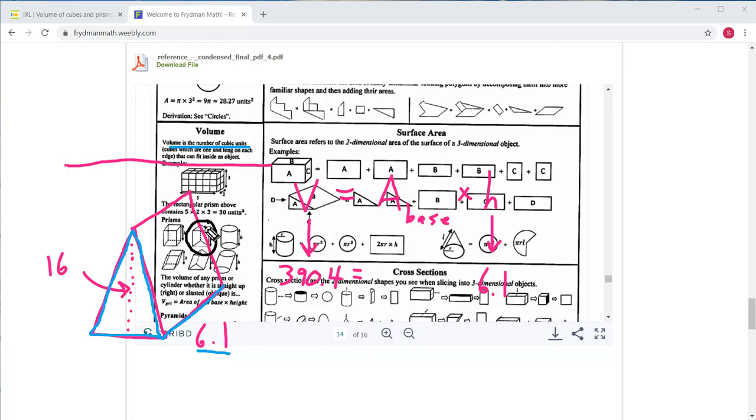So if I had drawn it this way, then you would clearly identify the 6.1 as the height of that prism. So just because I drew it like this, it doesn't mean that I can't say that the 6.1 is the height. Really, what we're doing is multiplying the area of the base by the length which is perpendicular to it, which we usually call the height.